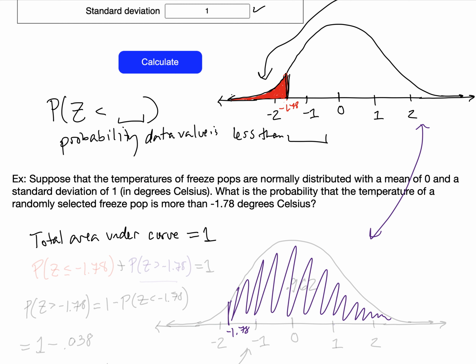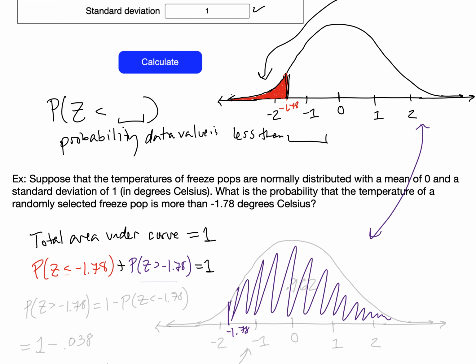So this area in red, the probability that z is less than negative 1.78, plus the area in purple, the probability that z is greater than negative 1.78, is going to be equal to 1.